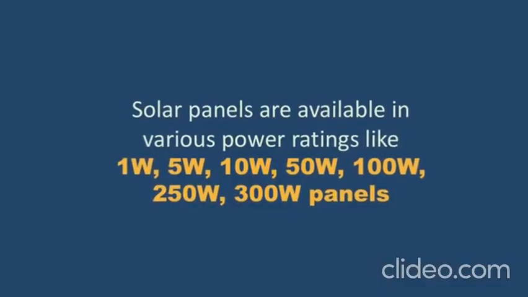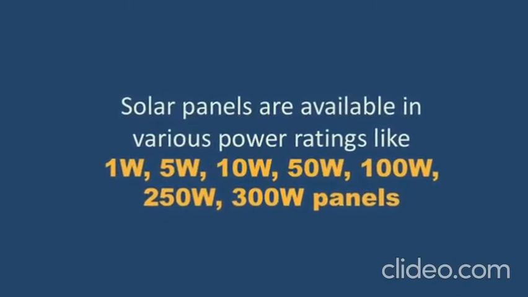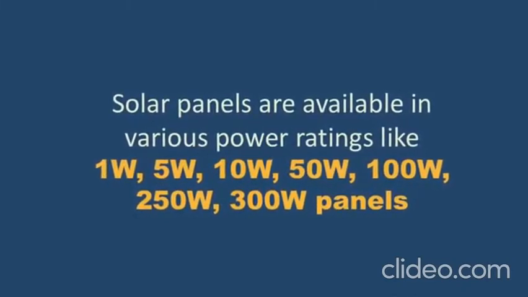W-A-T-T. So unit of power is watt, and we also specify solar panel in terms of watt. So if you go to the market, solar panels are available in terms of 3 watt, 1 watt, 10 watt, 100 watt, 200 watt, 250 watt, 300 watt, 400 watt also. Big panels are also available today.